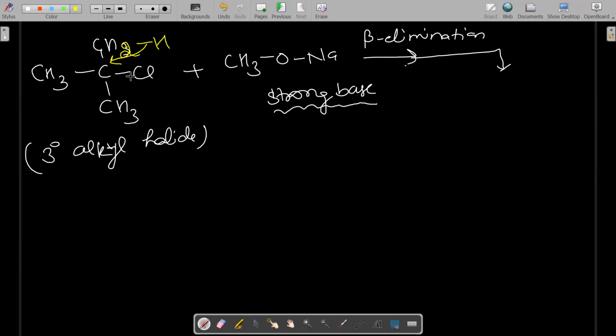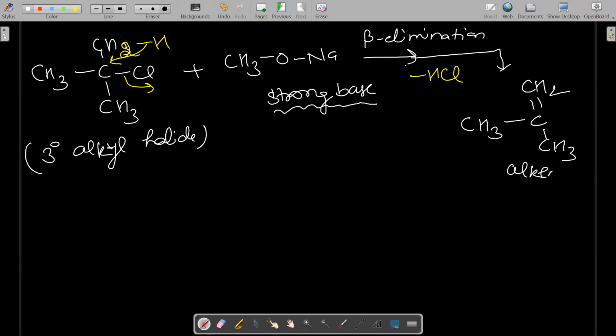So here there is loss of HX, that is a dehydrohalogenation reaction. And this HCl now reacts with this CH3ONa to form NaCl and CH3OH as a byproduct. So we are not getting ether as a major product. We are getting alkene as a major product. So this is the limitation of formation of ether by Williamson synthesis reaction.